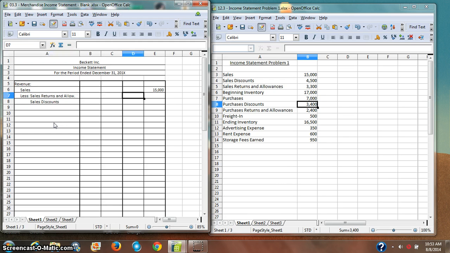The way that I'm going to set this up, I'm going to put these just in this column here. And one column over, this is not my major calculation, but I've got these backwards here. Sales returns and allowances, 3,300, and then sales discounts, 4,500. And then this gets net sales.